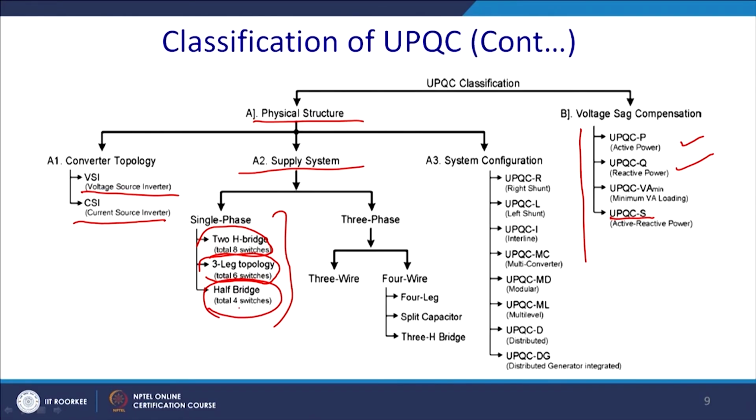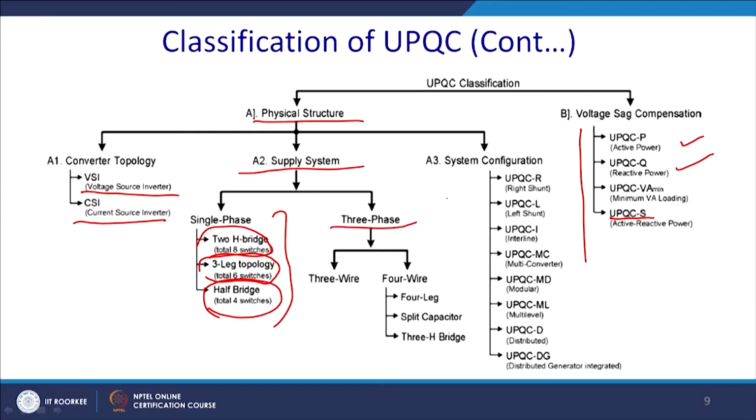Each has its own advantages and disadvantages. Generally the conduction loss of these reduced switch topologies is more, and there is no clear-cut distinction between the shunt part and the series part. In the half bridge, the switch rating is going to be double, but it fits well in case of the single phase where the supply voltage rating is quite low.